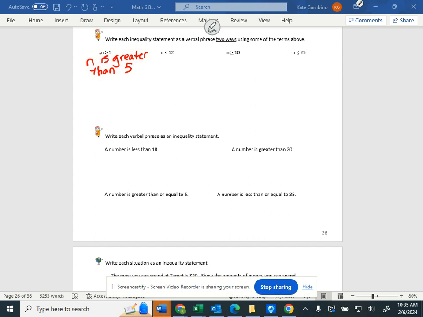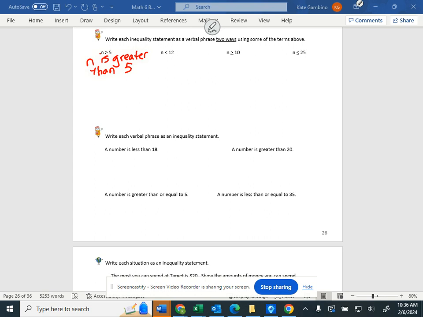Madeline? 5 is less than n. I want us to use your way, it works, but we want to start with the n side. I don't want to flip it around.